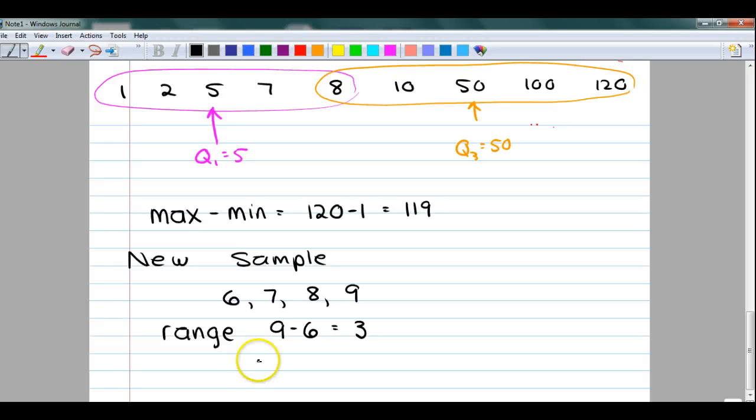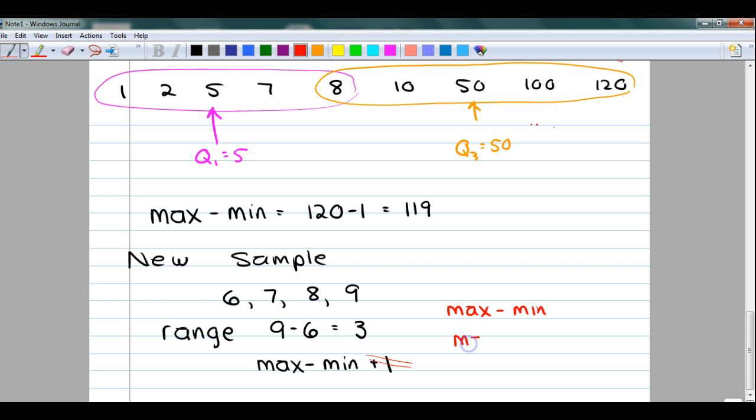Years ago, we used to always have to do max minus min plus 1 when we calculated range. Statisticians have decided that that's not necessary, that most ranges are so large that plus or minus that 1 isn't that consequential. But if you have a really small sample, it can be important. So, is range max minus min?